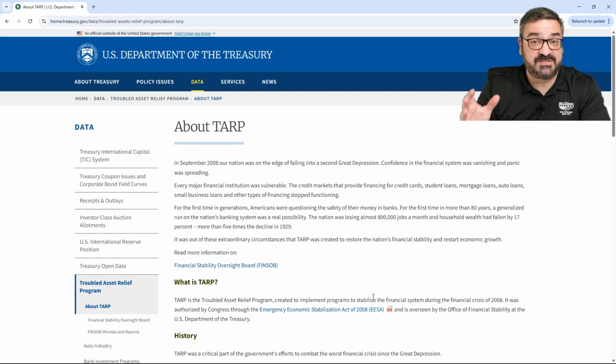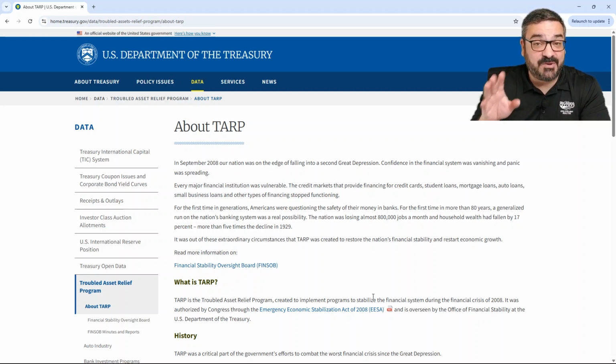There were hundreds of billions of dollars injected into financial institutions and insurance companies like AIG that were all collapsing in 2008 due to, again, bad, reckless investments. And then U.S. taxpayers, through the Treasury, stepped in with about $700 billion and plugged that hole, essentially.